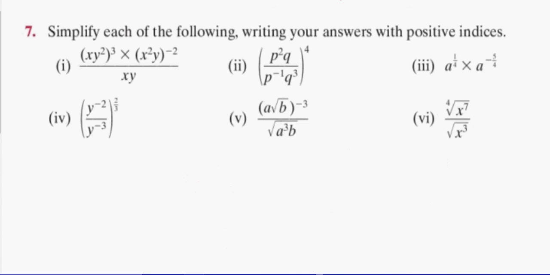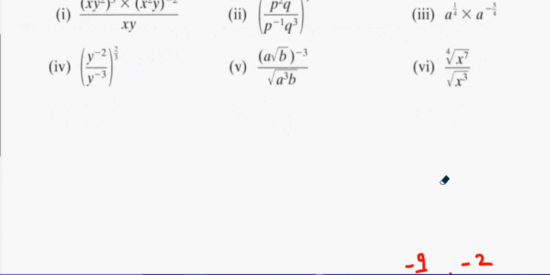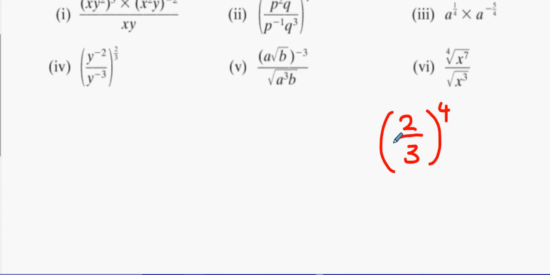Now, there's a rule for these ones, right? If I have a fraction and I have a power on the outside, like that, the power works on the top and the bottom. Everybody sees that? How does that affect what we have here then?